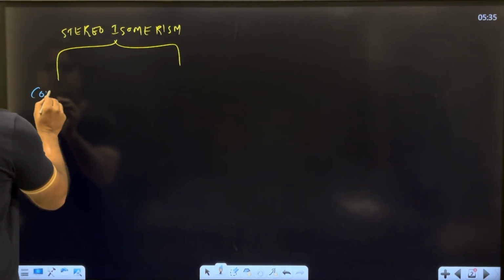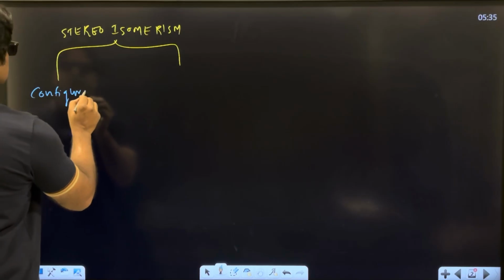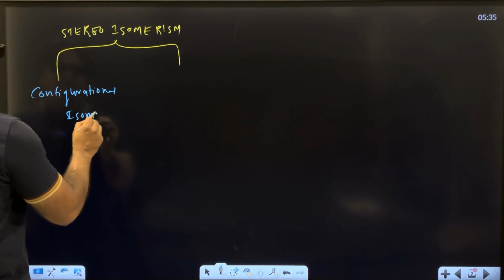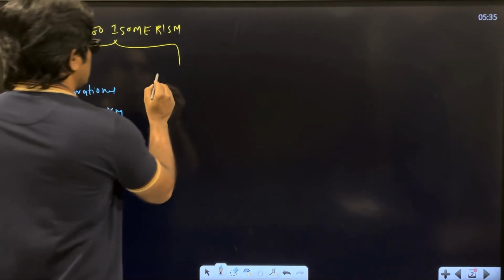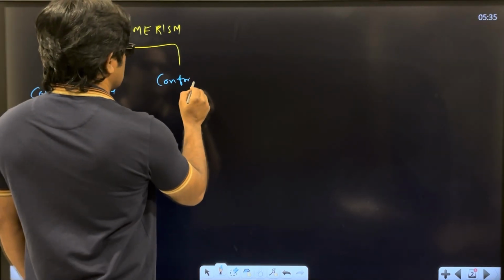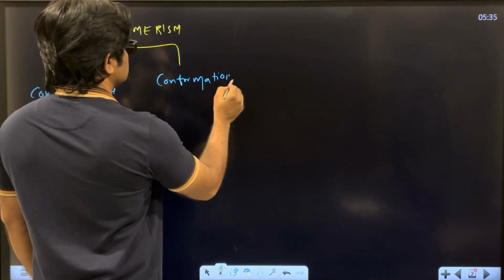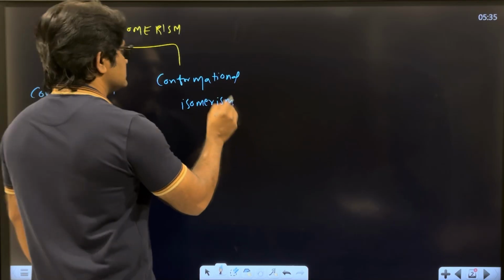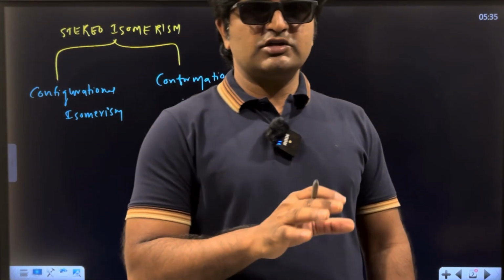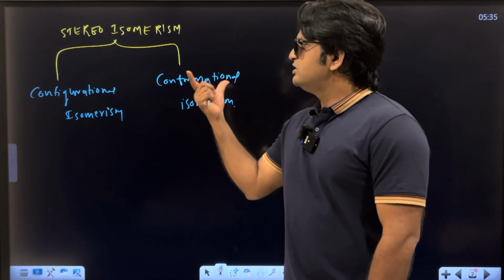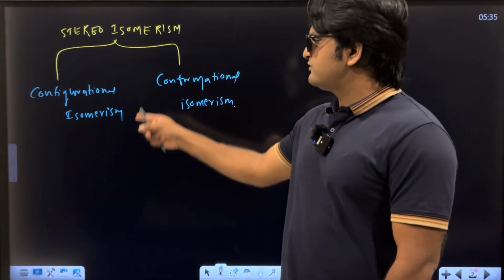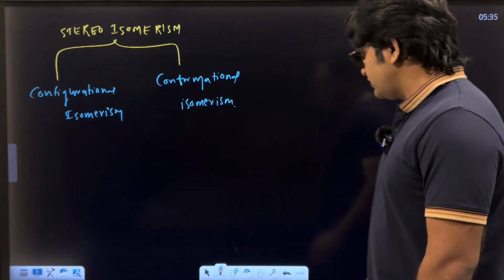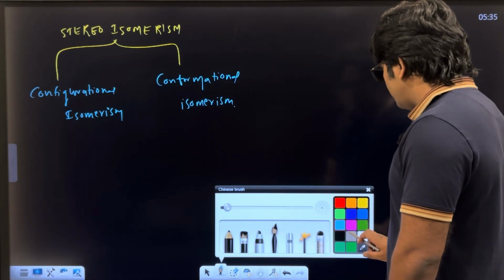The second one, conformational isomerism, is also called conformational analysis. Why we call it conformational analysis, we will see later. This is the basic classification of stereoisomerism. What is the first one? Configurational isomerism. And the second one? Conformational isomerism. Again, configurational isomerism, how many types?